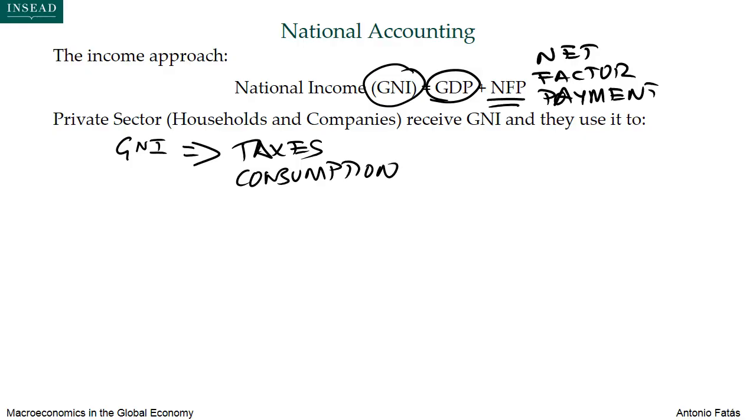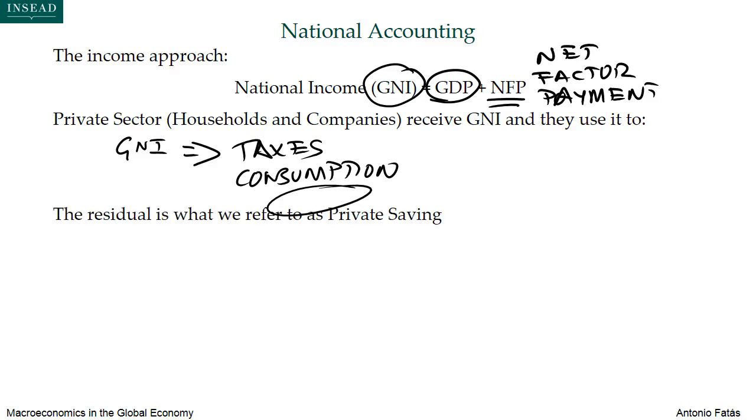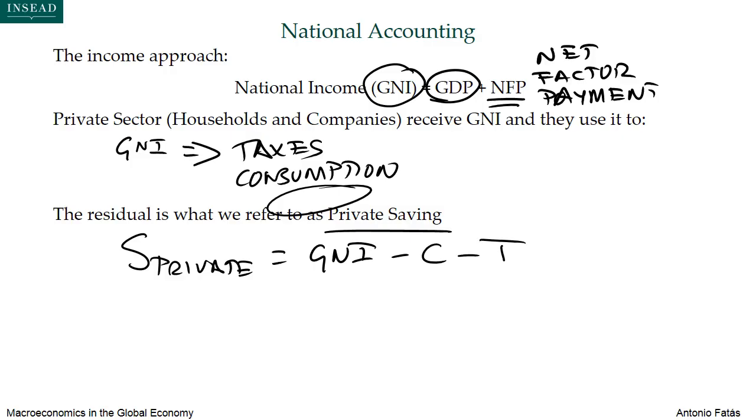Because we're talking at the level of the household, this is something that we're going to call consumption. And then there's going to be a residual. Whatever does not get spent on taxes and consumption, that residual, we're going to call private saving. So a definition of private saving is very simple. It's the income of a country minus private consumption minus taxes.